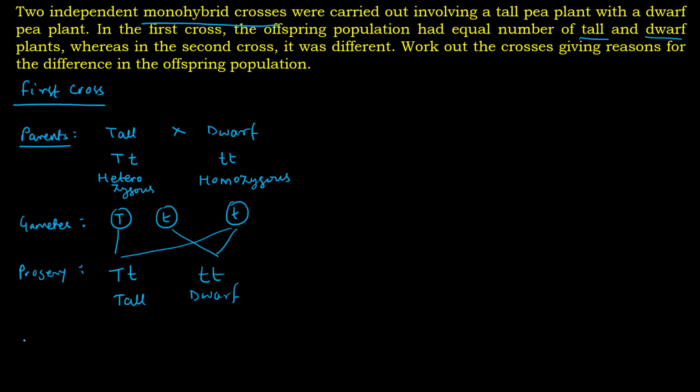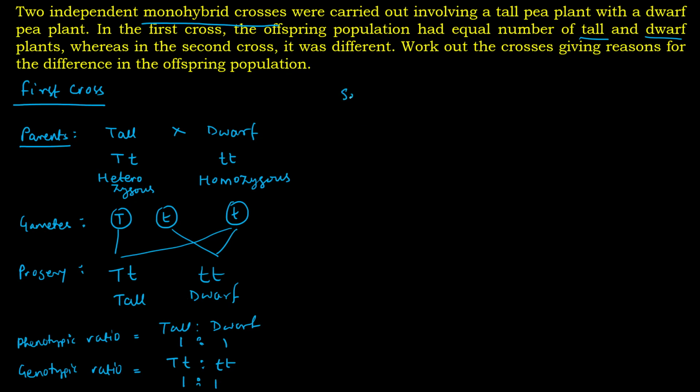If we talk about the phenotypic ratio, it is going to be tall to dwarf in the ratio of 1:1, and the genotypic ratio is also going to be 1:1, that is for capital T small t and small t small t. That is our case number 1.